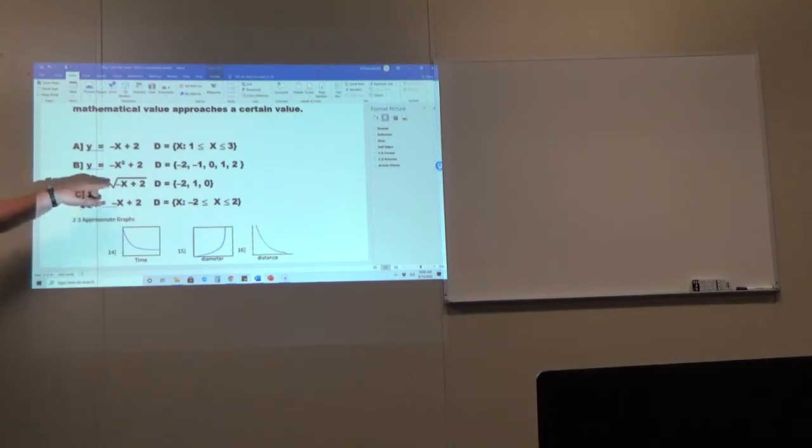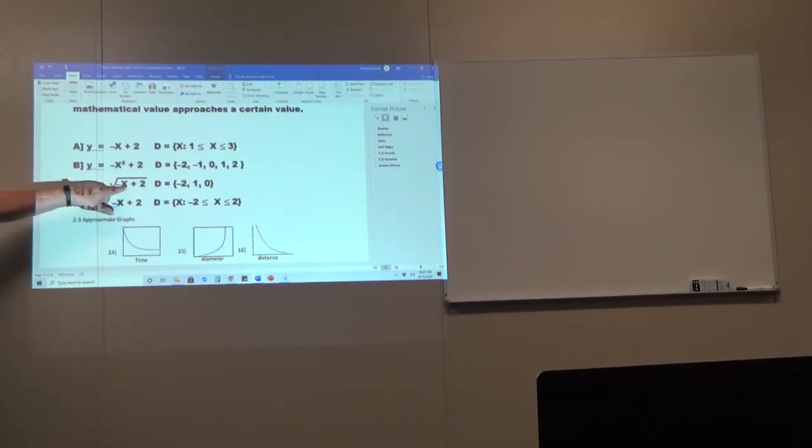Negative 1. Can you take the square root of negative 1? Is it real or is it imaginary? Can you multiply a number times itself and end up with negative? No. And so, therefore, I have a limit in my domain. My domain has to be limited to only values that are 2 or less.